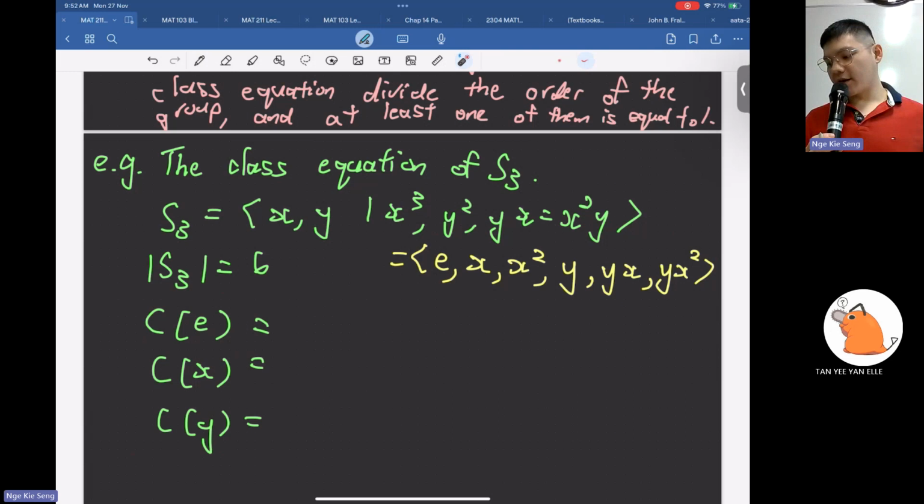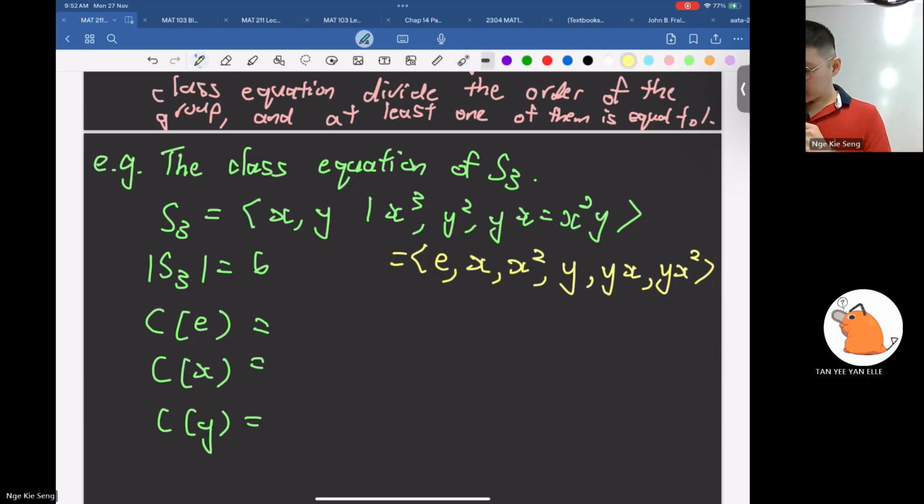Let me give you an example here. So C on E is what? You need to take E with E inverse, X, E. What's the inverse of X in this case?